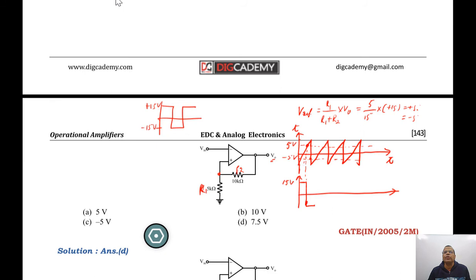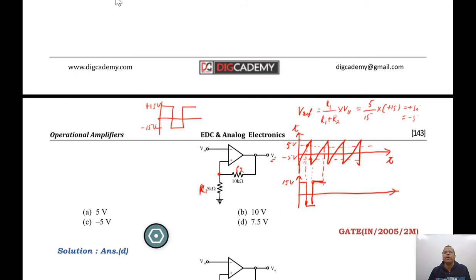So when it is reducing and falling below the level of minus 5 volt instantaneously, at this point itself, if you draw this line down below, here my output will change from minus 15 to plus 15, and it will remain at this level up to the next reference level, because the moment output becomes plus 15 volt here, my reference voltage changes to plus 5 volt.